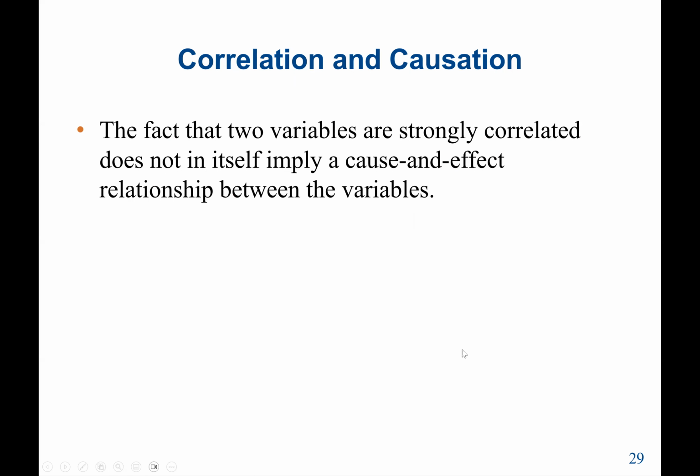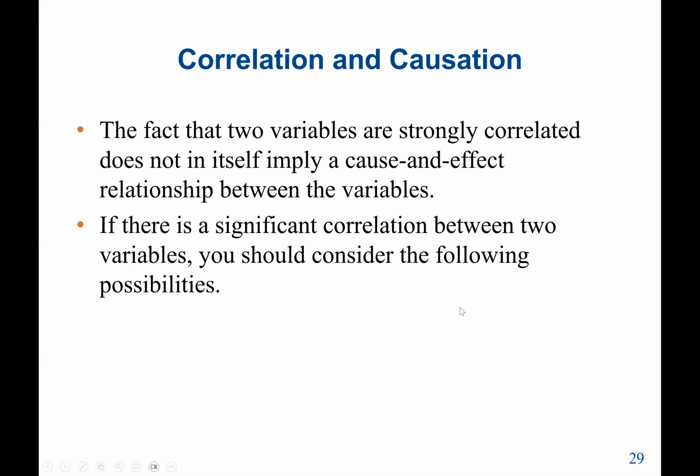If I take ice cream and go to the ocean, it's not guaranteed that I'll be attacked by a shark. Or if I get attacked by a shark, I don't think the first thing we're going to do is buy ice cream. So that's the concept of correlation versus causation. The fact that two variables are strongly correlated does not in itself imply a cause and effect. There's no causation or cause-effect relationship between the variables.